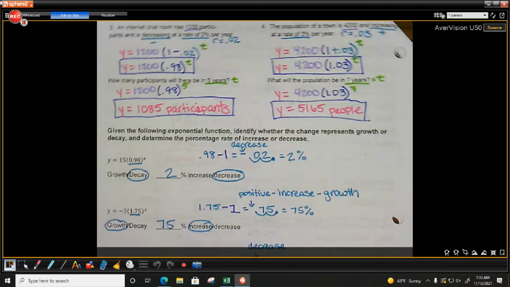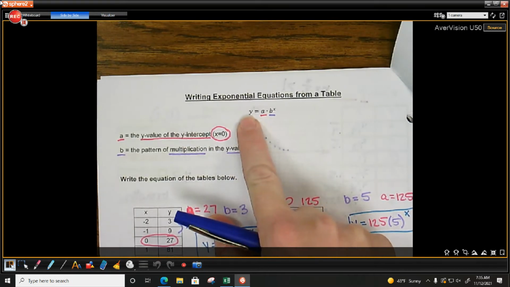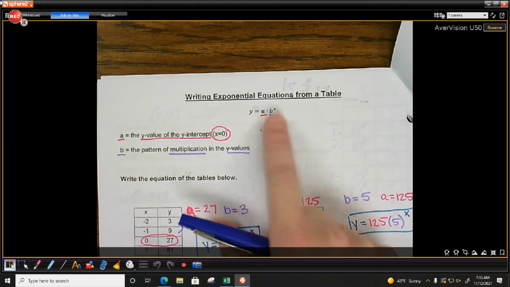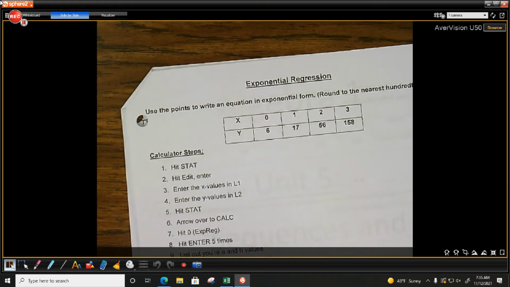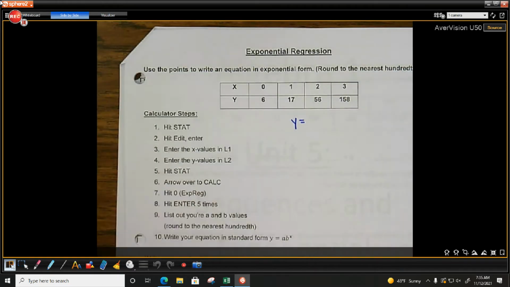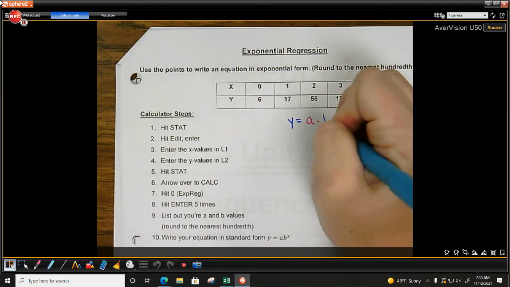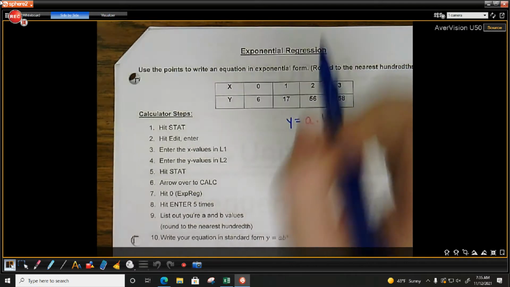If we remember back, our equation for an exponential function is what? Y equals a times b to the x power.